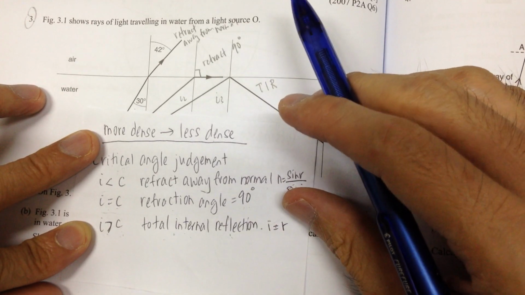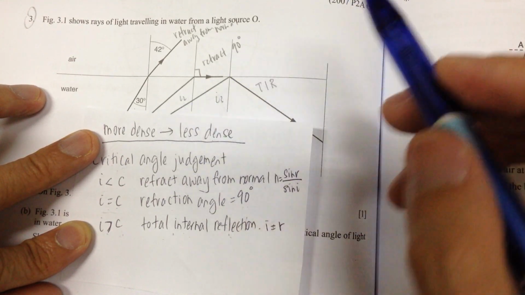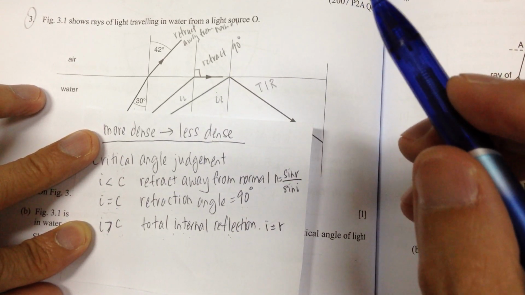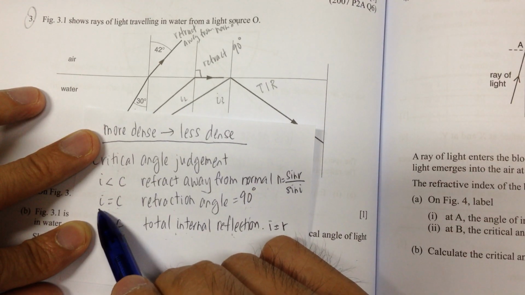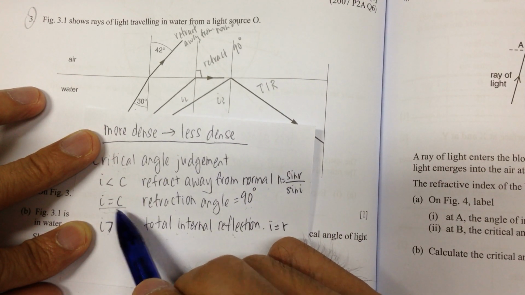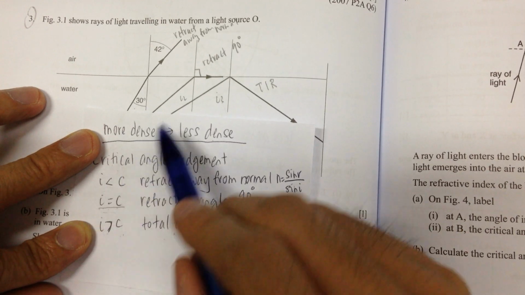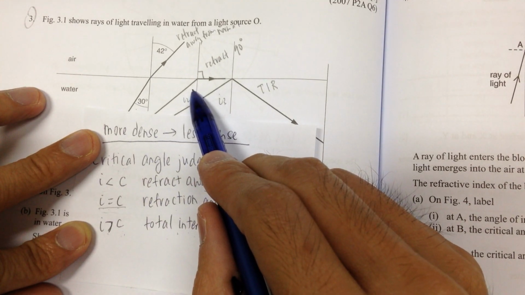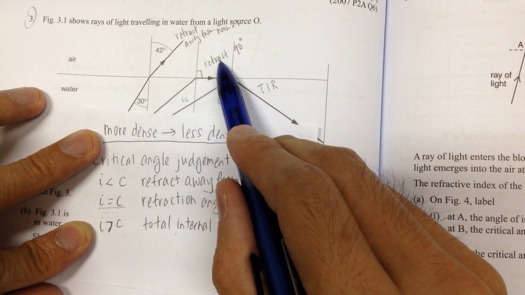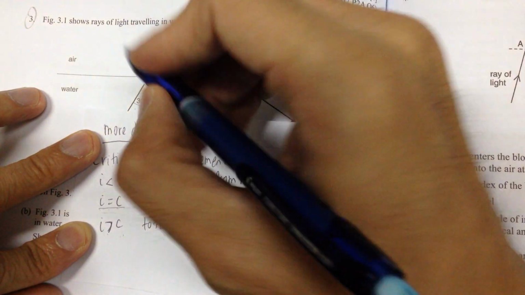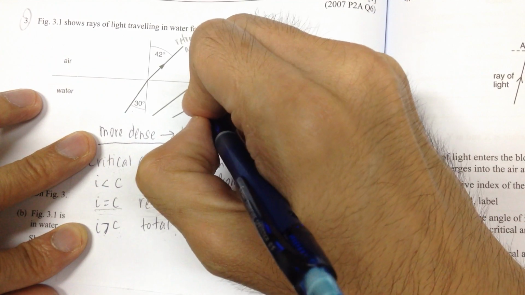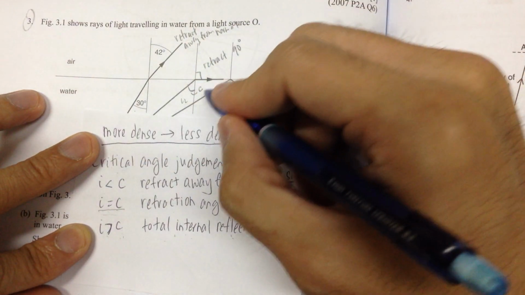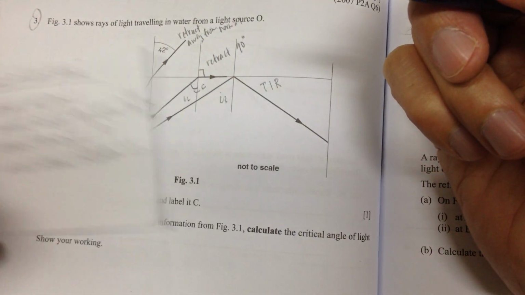Using this information, one of these conditions is the critical angle, and it is the second one, because when the angle of incidence is equal to the critical angle, it will refract at 90 degrees. So the answer to the first part is this is C, the critical angle.